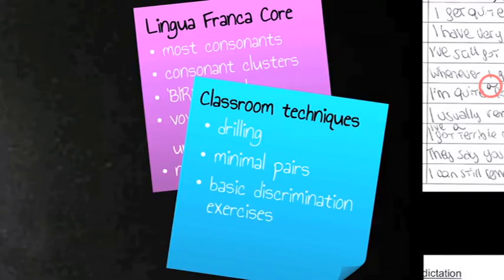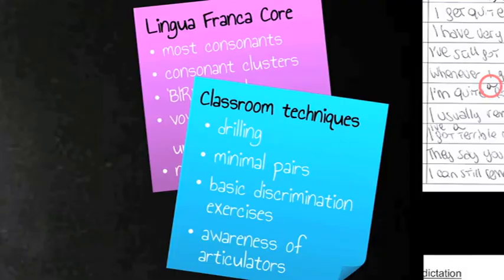Basic discrimination exercises, like I said, with a difference in meaning between let's visit your mother next Saturday and let's visit your mother next Saturday. So training your students to recognize those differences in sound and to produce them. And awareness of the articulators, really important for all pronunciation teaching.